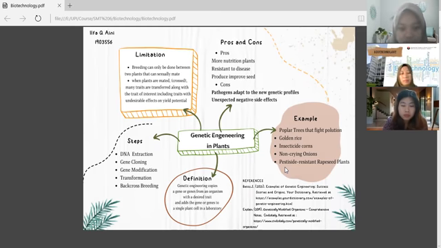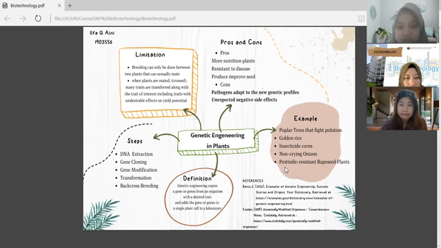So we can say that there is a genetic modification in the DNA or gene of the plants. So there will be a new characteristic, or maybe it will be more resistant to something.